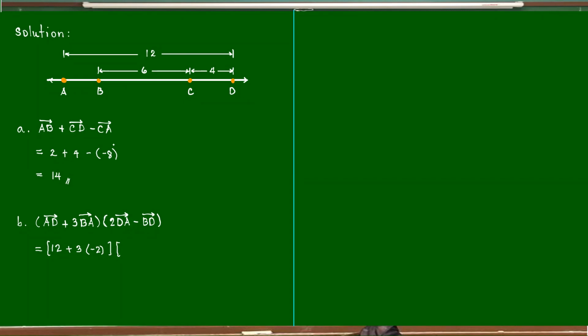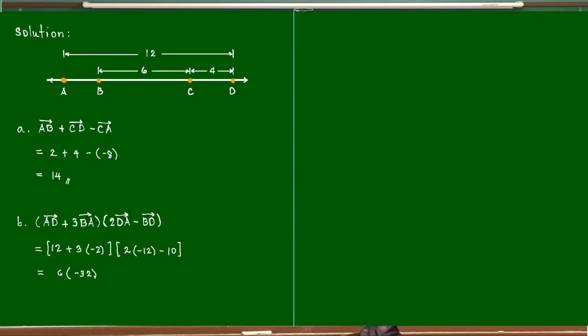So we have 2 times, what is DA? That is also negative, no? Negative 12, minus BD. BD is positive 10. And the first factor is equal to 6. The second factor is equal to negative 32. Am I right, guys?